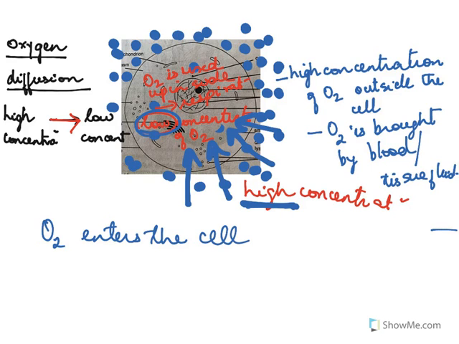So let's see what happens to carbon dioxide. Remember the process here is diffusion, the movement from a high concentration, which is outside the cell, to a low concentration, which is inside the cell, for oxygen. Now it comes to carbon dioxide.